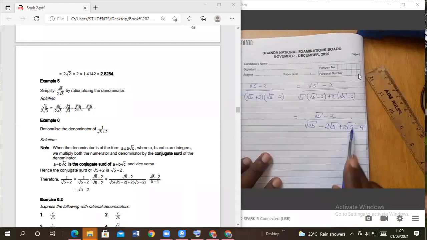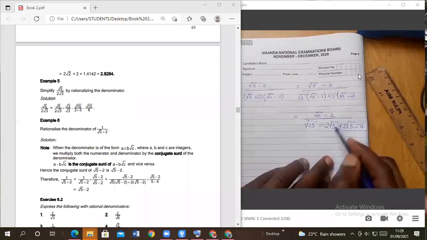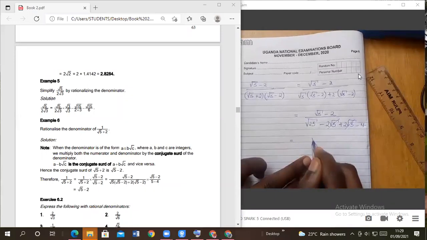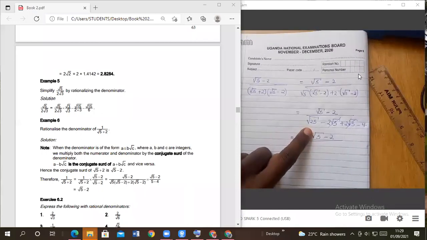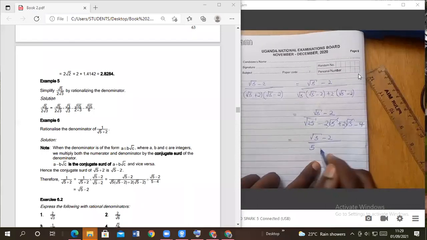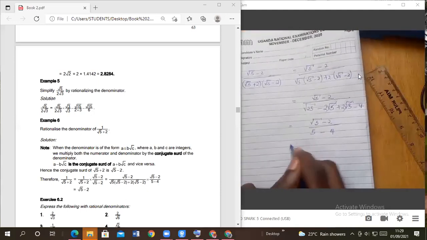What can you say about this? Are you seeing these terms? Are they not the same? They will cross out. Then we remain with root of 5 minus 2 over, what is the square root of 25? 5. Then minus 4.